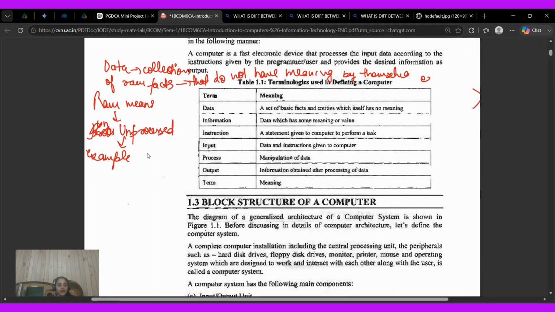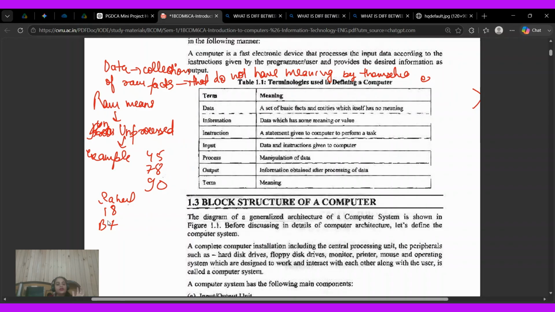Example: 45, 78, 90. These numbers alone don't tell us anything. They are data. Now another example: Rahul, 18, B plus. Without context, without background, these are only data.